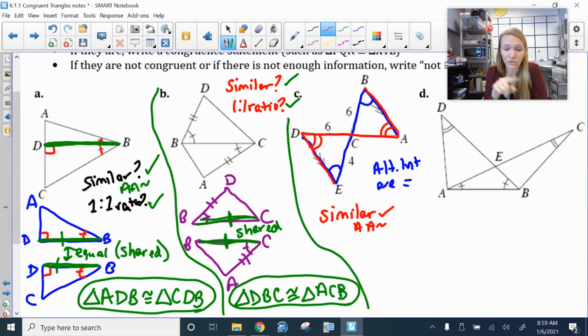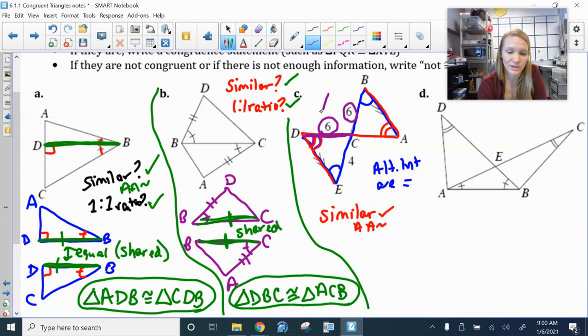However, I also see, I guess I should say, I have a 6 on one triangle and a 6 on the other triangle. So in theory, that gives me a 1-to-1 ratio. But, big but here, the 6 on the left triangle is between D and C. It's between our double congruent mark and our vertical angle in the middle. The 6 on the right triangle is between the single congruent mark and the vertical angle in the middle.